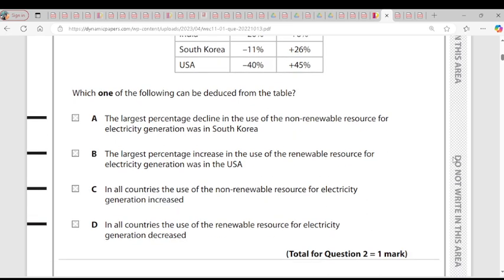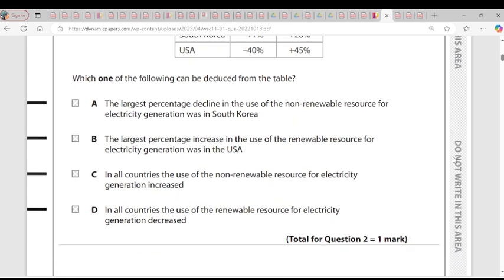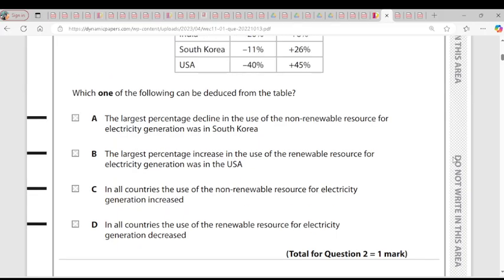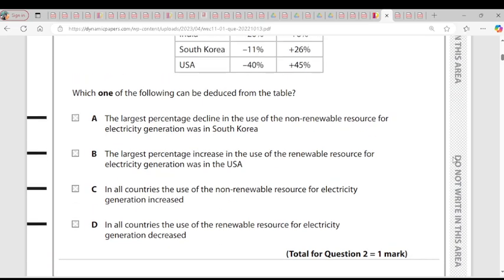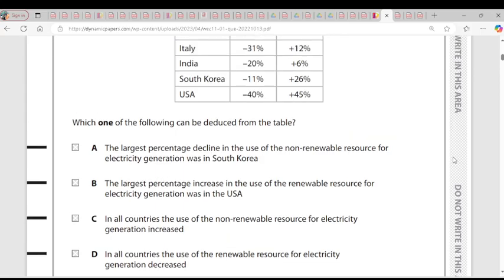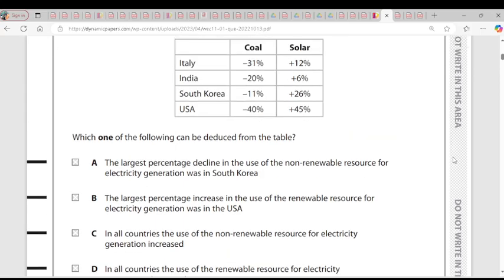So the answer is B. Let's look at C. In all countries, the use of non-renewable resources for electricity generation increased. No, not in all countries. And the last one, in all countries, the use of renewable resources for electricity generation increased. No, it increased in some countries and reduced in others, but the extent to which it reduced we don't know because we only have an increment here. So the answer is B.